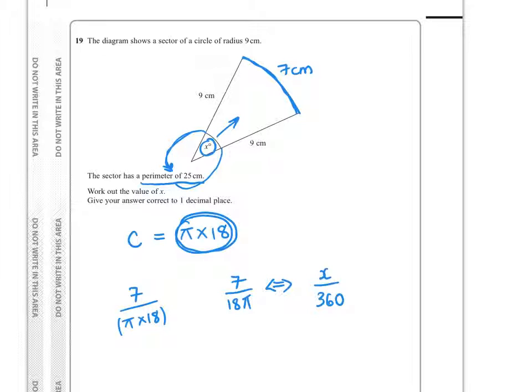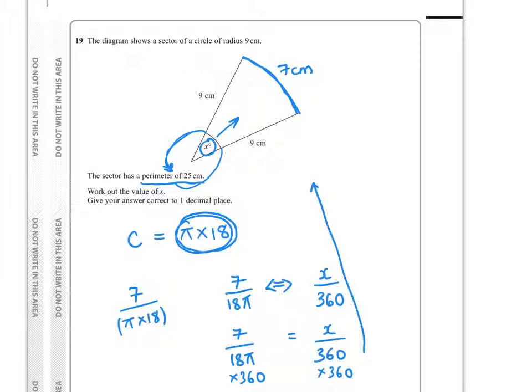So what we can do is directly solve this equation here for x, and you can see that all I have to do is times both sides by 360 here. And that's going to give us x equals 7 times 360, all divided by, that's important, 18 pi.